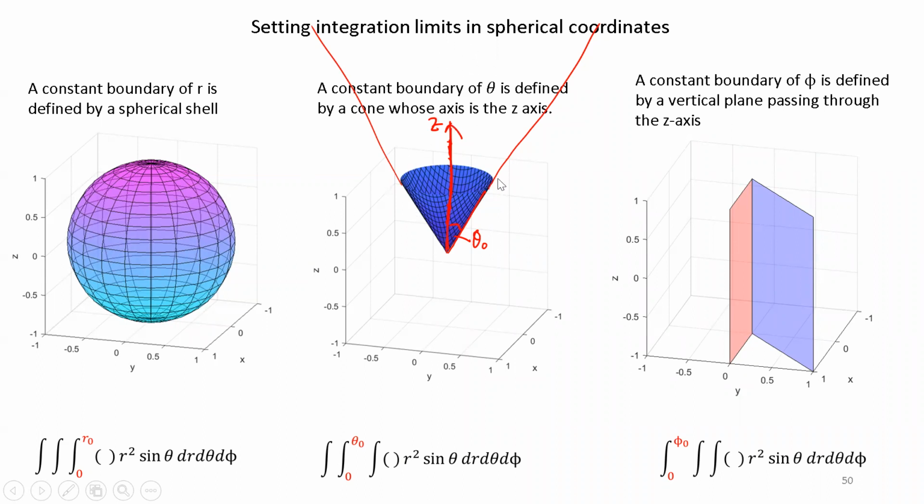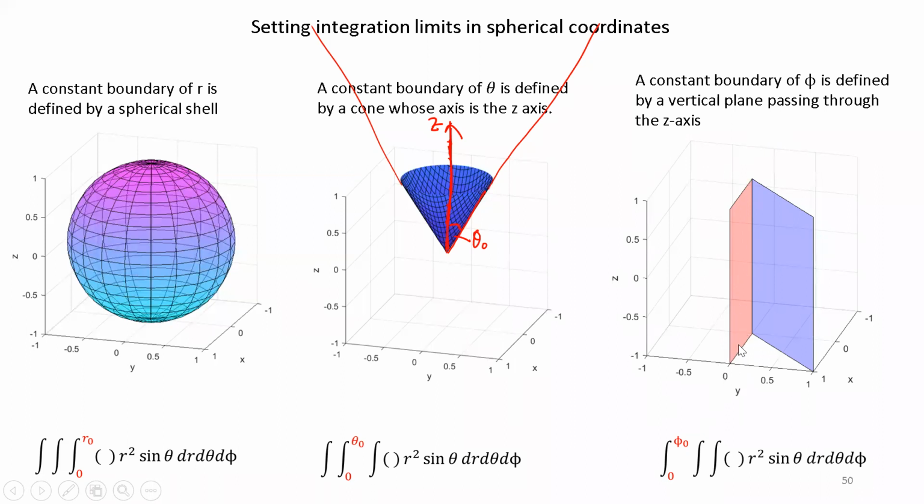So finally, for phi. Theta is called the polar angle, and phi is known as the azimuthal angle. For phi, again, I start from 0. So 0 means that you are on this red plane.